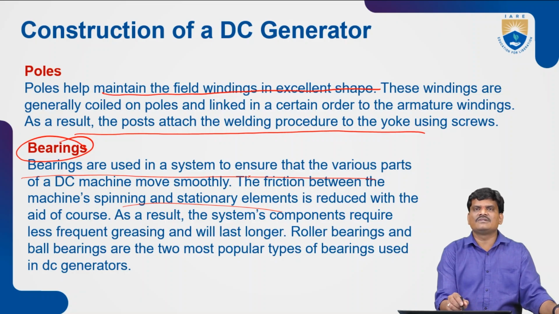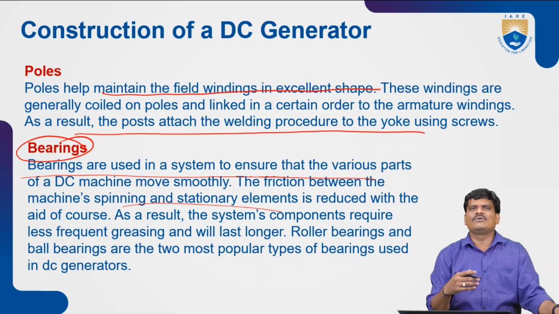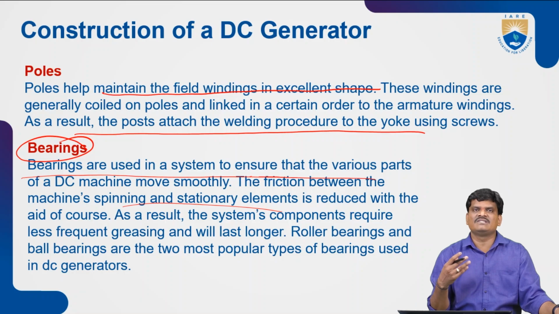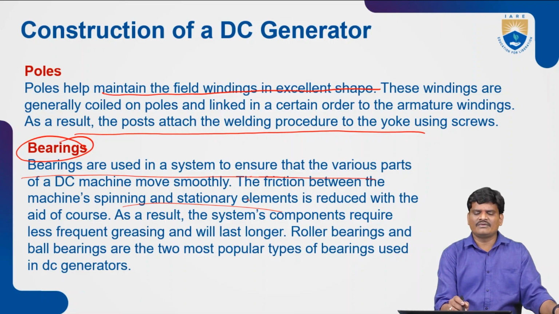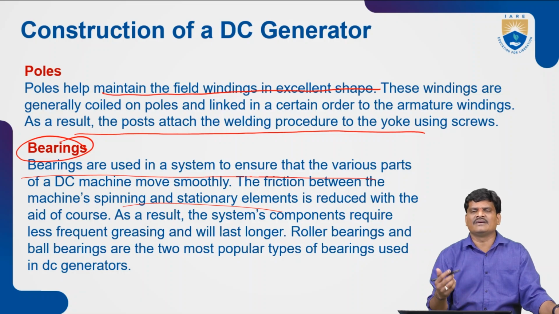So bearings are used in a system to ensure that various parts of the DC machine move smoothly. If I don't provide bearings with proper functioning, some noise will be generated. In order to reduce the friction between the elements, as it is a rotating part, there might be a friction effect, and to reduce that we need to use bearings.